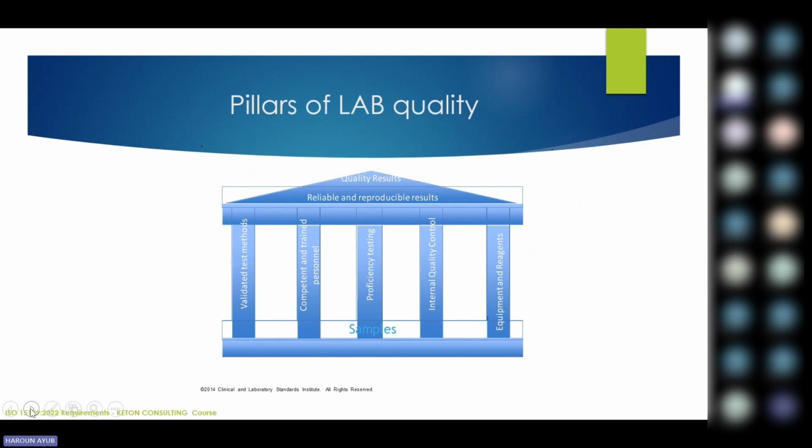Then you have proficiency testing, or what we commonly call external quality assessment. External quality assessment comes into play to support the internal quality control procedures that we do as a lab. So if we have focused on our IQCs, and the daily IQCs are okay for that particular month, and we have enrolled in, let's say, a quarterly or monthly EQA program, our EQA program will help you get comparisons with peers.